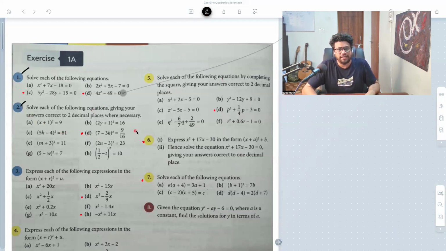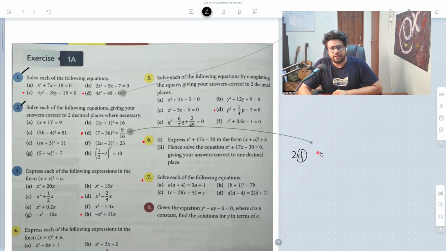How about 2-part D? Well, 2-part D, I see it's 7 minus 3k whole square equals 9 over 16. Well, I'd square root both the sides. 7 minus 3k in that case would come out to be plus minus square root of 9 by 16.